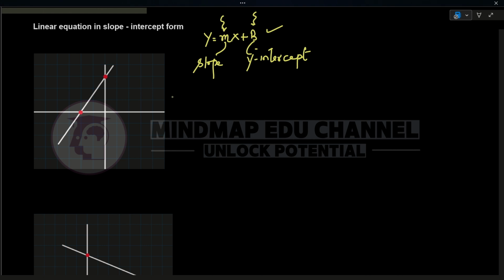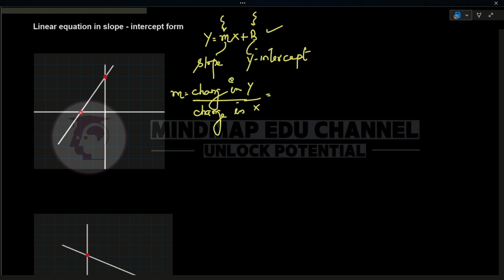So we'll find the slope. How to find the slope? We have the formula: m is the change in y values over the change in x values. Now let's see the change in y values.